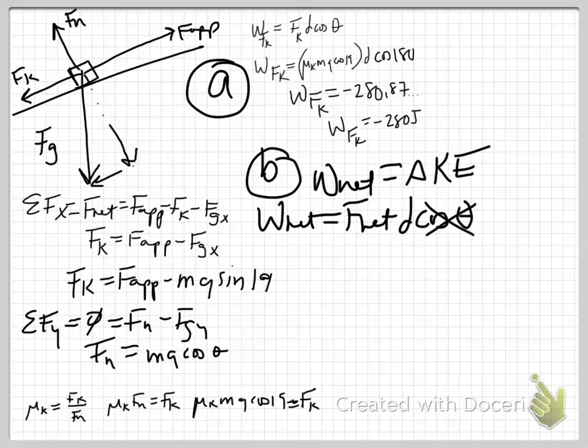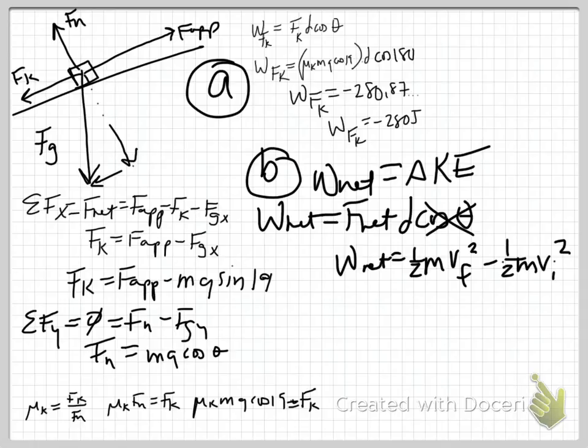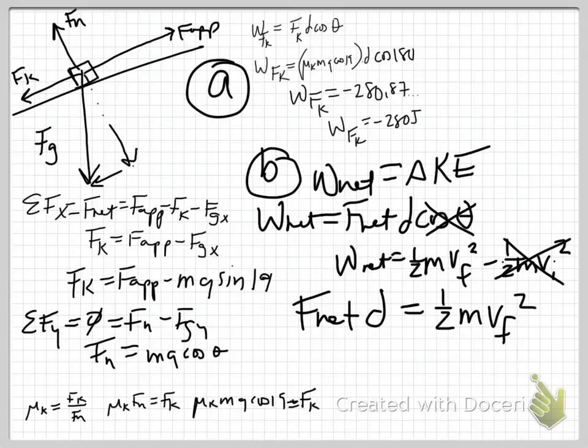So there's that, and then net work also equals 1/2 mvf squared minus 1/2 mvi squared. We know that the initial velocity was 0, so that goes away. I love it when we can get rid of things. So we now are down to Fnet d, because we got rid of cosine theta, equals 1/2 mvf squared. And we can proceed to solve for vf.